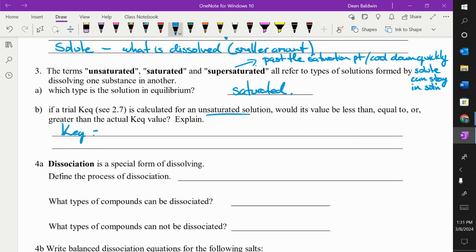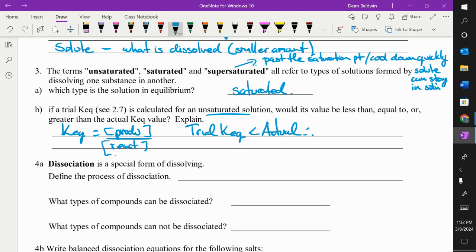KEQ is the concentration of products over reactants. If you're unsaturated, you have more reactants. So your trial KEQ is less than actual.